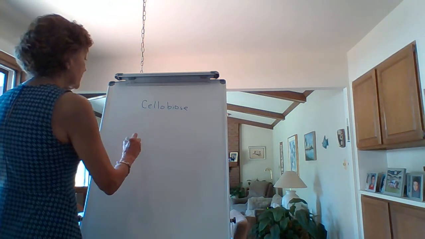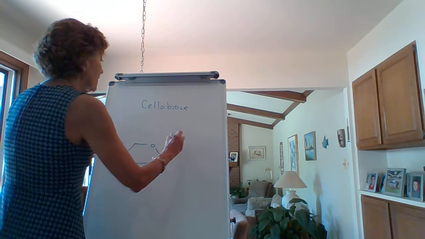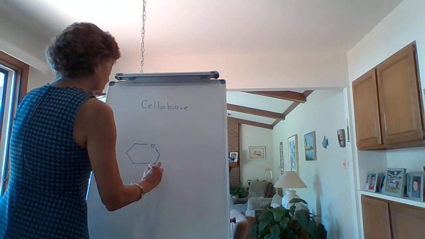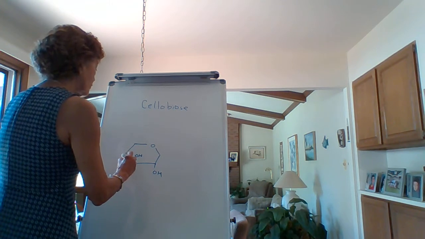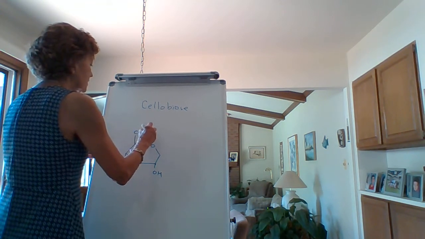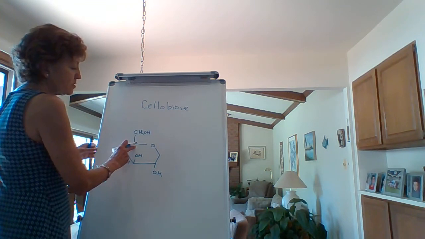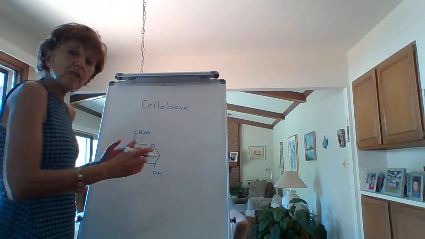This is Cellobiose. We're just going to draw a glucose. And this is carbon 2, carbon 3, carbon 4, carbon 5, and then carbon 6 is over here. Remember, this is the O that belongs to carbon 5. And we're going to do a beta 1,4 just like we did with lactose.